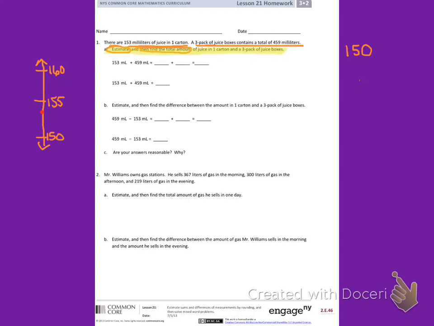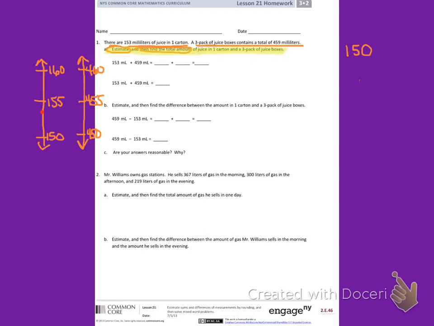Now I will do the same for the number 459. When counting by tens, I know that 459 comes between the numbers 450 and 460, with a halfway mark at 455. Again, I will plot the number 459.